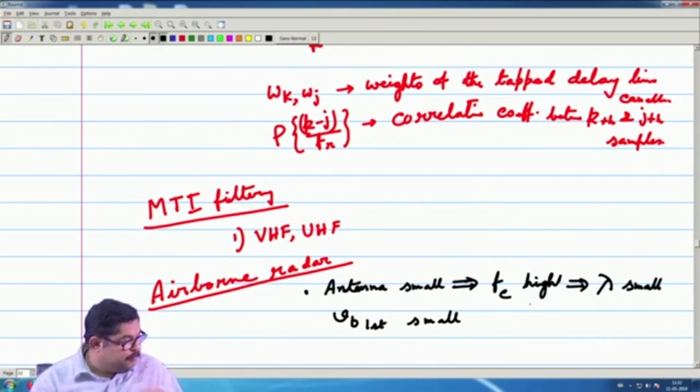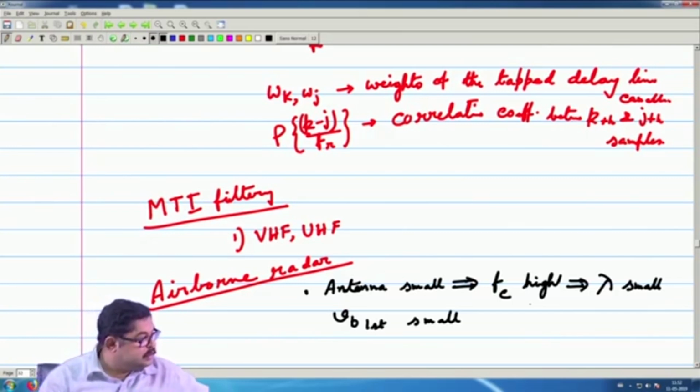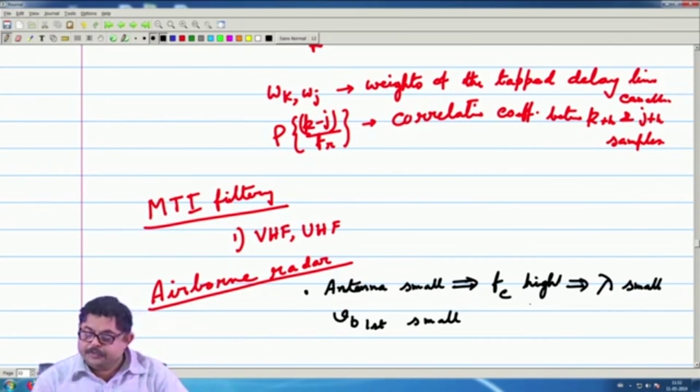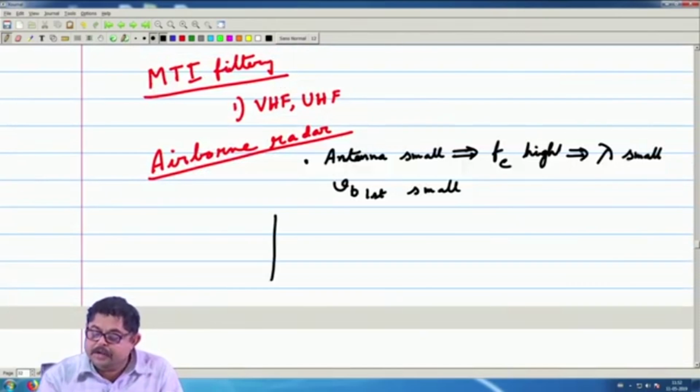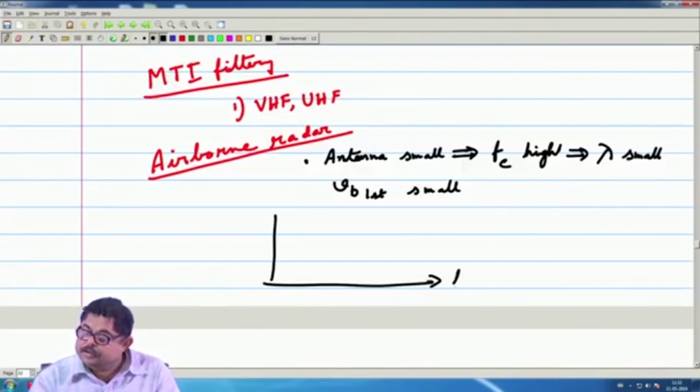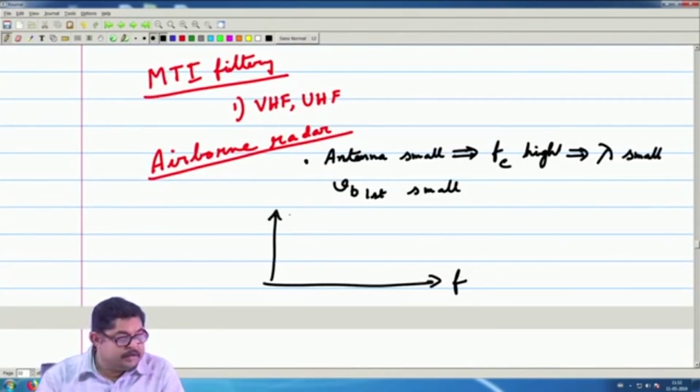Now I have a frequency domain view. If we see the Doppler spectrum, let us say it is this.